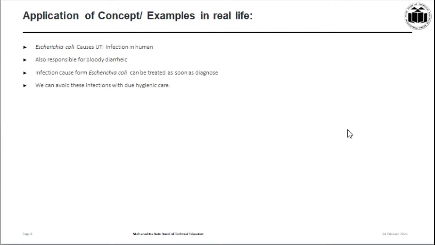If you do not properly treat the E. coli in early stages, it may cause a severe chronic infection in humans. The whole concept of today must be taken that the E. coli is a commensal organism. It is found in the human, and proper hygienic conditions must be maintained to avoid such types of infections.